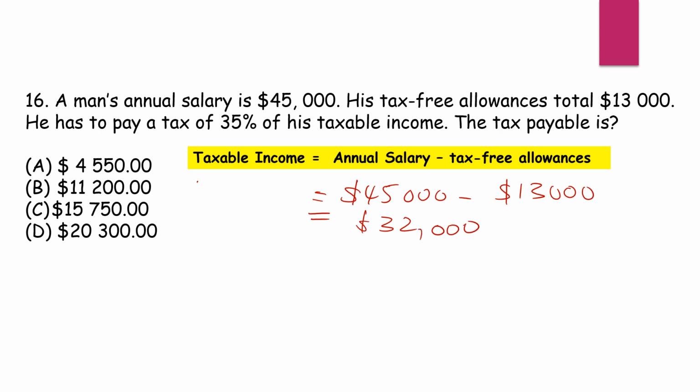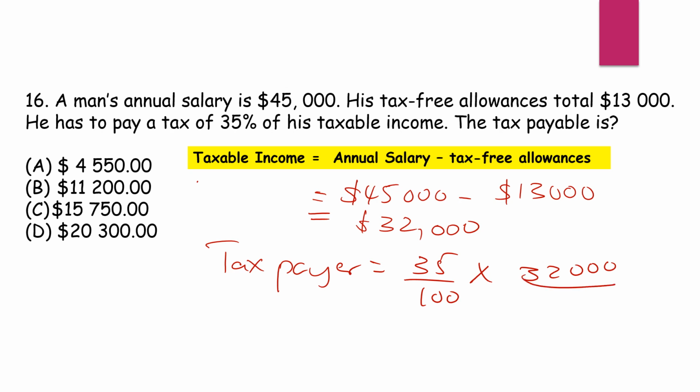So now we want the tax payable. So now we have to find 35%, which is 35 over 100 times 32,000. So here we're going to cancel the 2 zeros, and we're going to get 35 times 320.